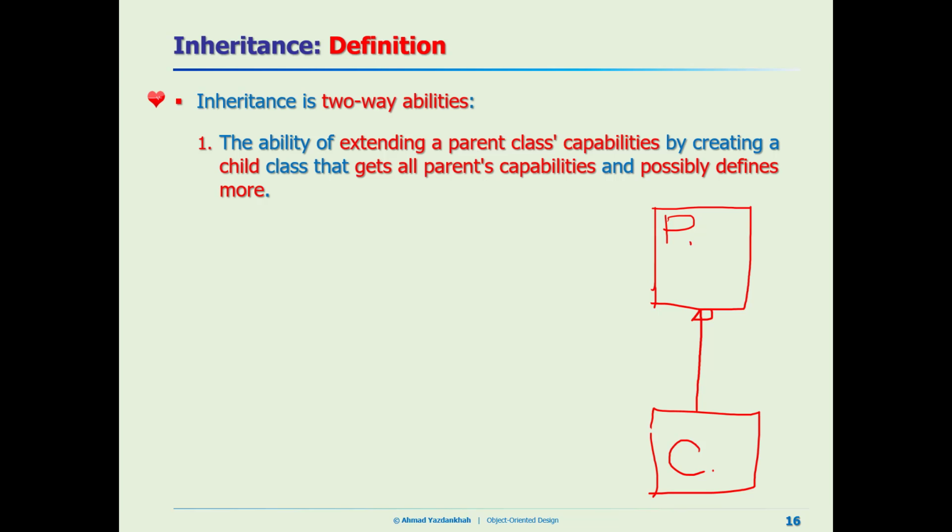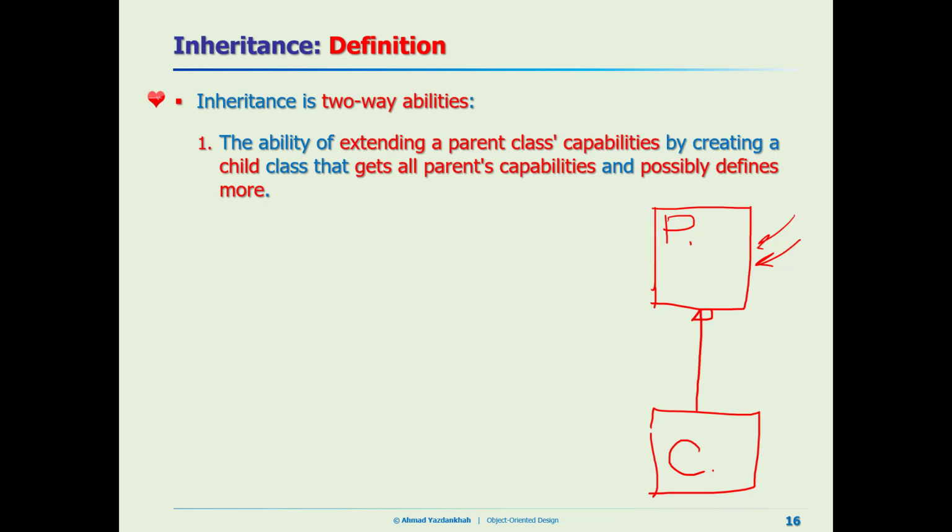So we can inherit all of the capabilities, the class members, in precise terminology. We can say we inherit the class members like this. So this is the first ability that inheritance gives us.